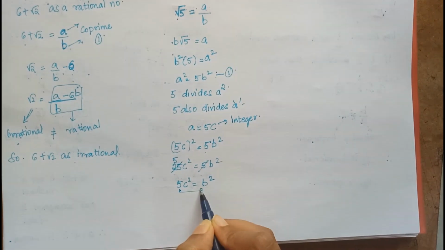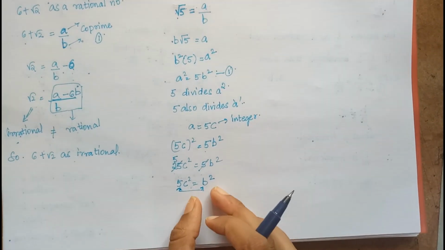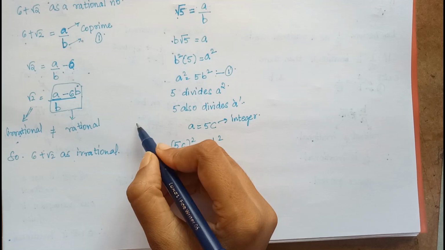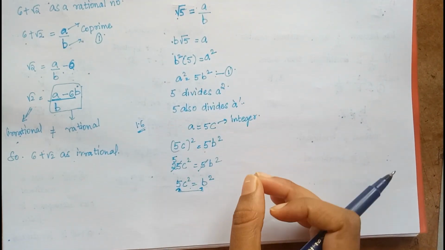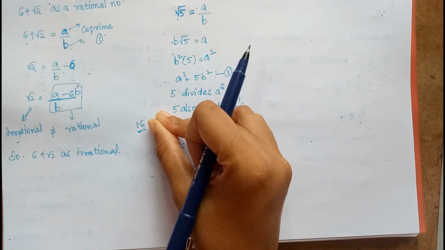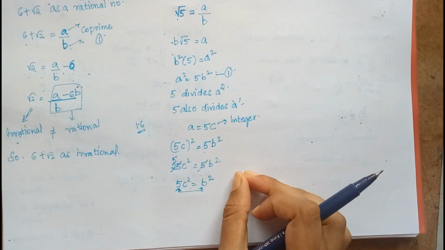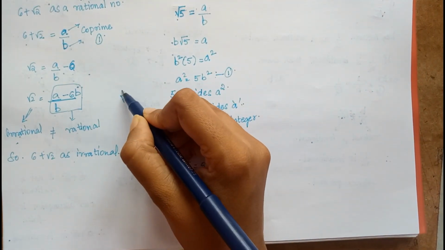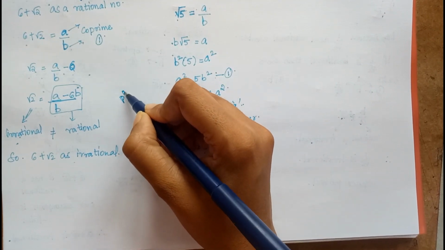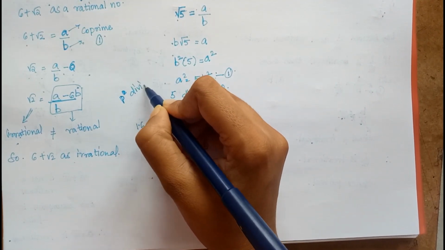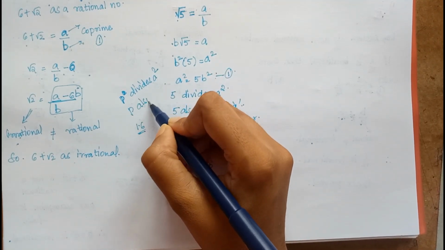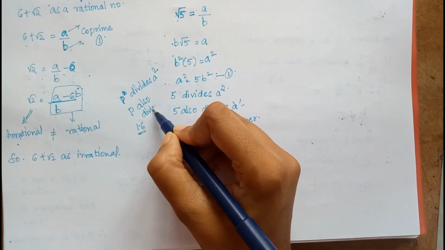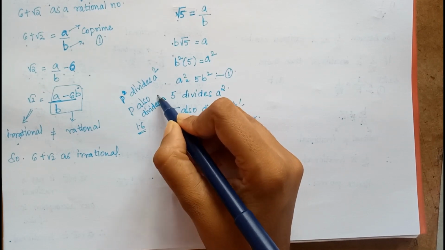Here what can we say? By theorem 1.6, which we have seen in the previous class, the theorem says that if p divides a square, then p also divides a.